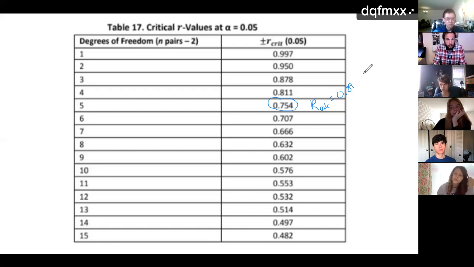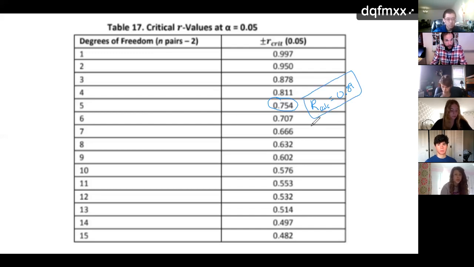Instead, what scientists are trying to do is disprove null hypotheses, and as a consequence, generate support for the alternative hypothesis, that there is a relationship between the variables that they're comparing. So in an analysis like this, we calculated R at 0.89.